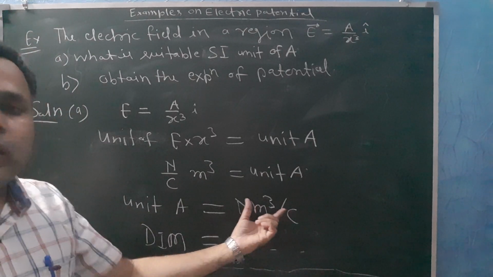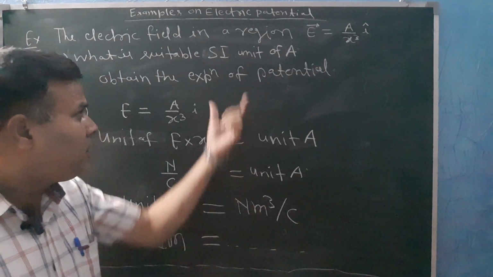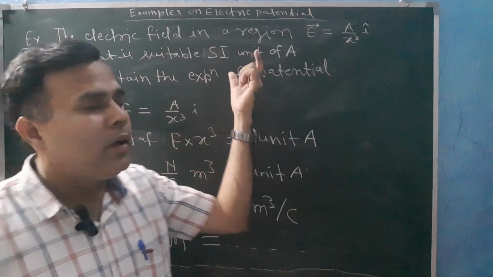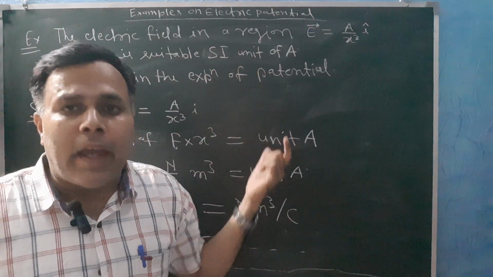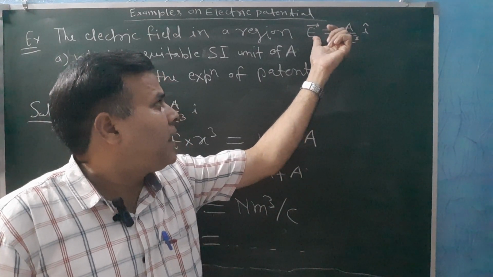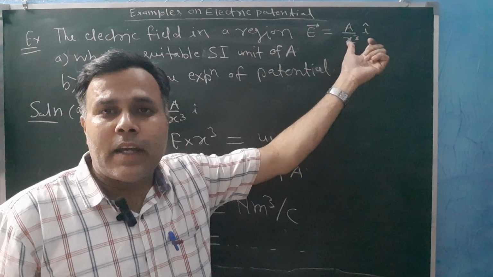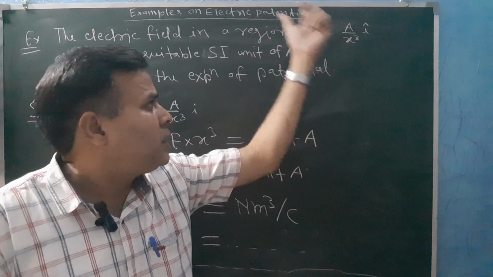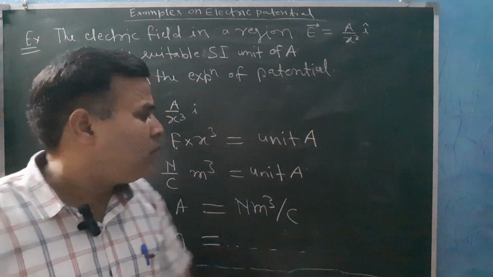But in this question, we simply have to find the suitable unit in the SI system. The unit of electric field in SI and the unit of length cube, meter cube, together give us the unit of A.